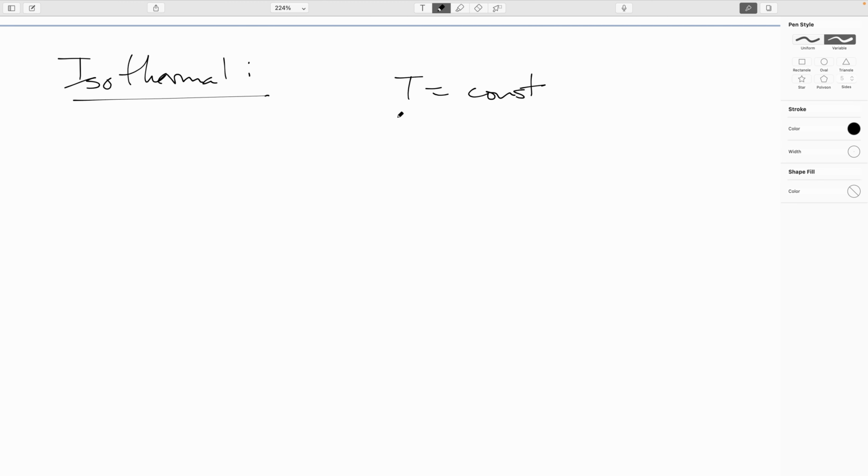But if the temperature stays the same, we've already argued, and will rigorously prove later, that by the 0th law of thermodynamics, there's no heat transfer occurring. So that would mean that the change in the thermal energy of the gas is 0.